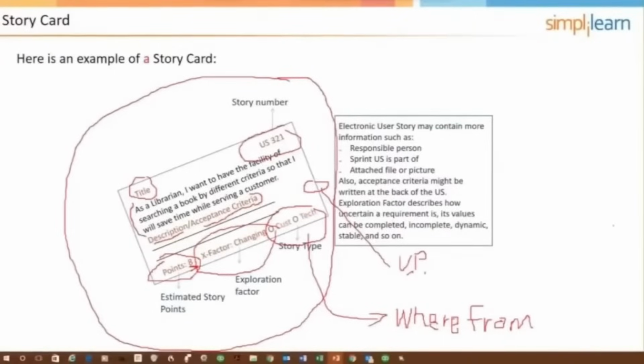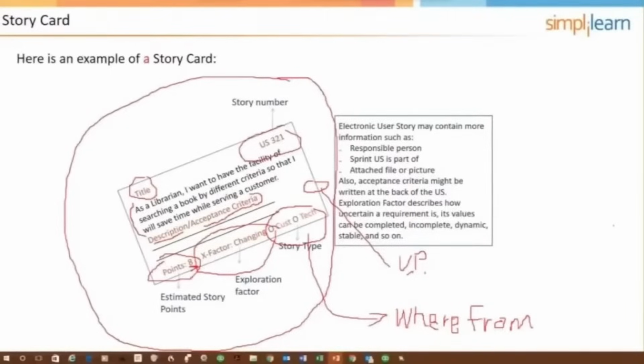Because all of that's a part of the story, right? The story is going to be turned into working software. There may need to be some efforts to actually figure out how to do that user story. So that's the X factor.